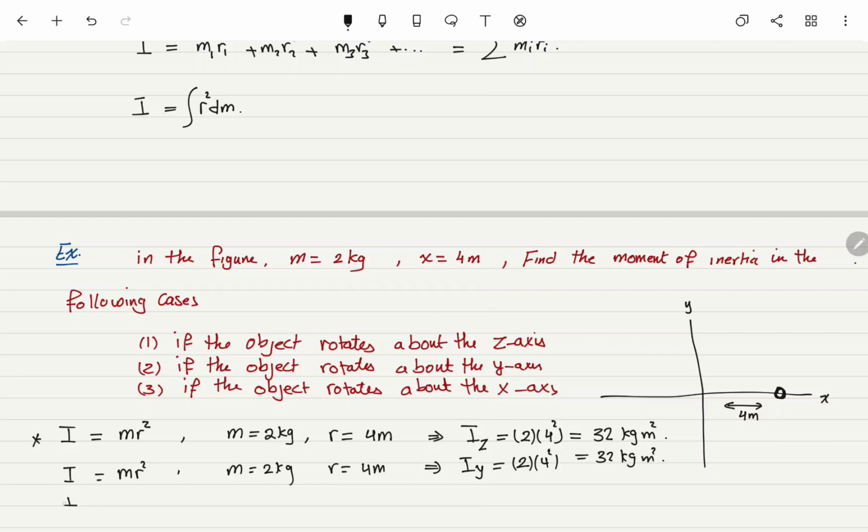And for the moment of inertia around the x-axis, we follow the same rule, m is 2 kilograms, r is equal to 0 because the distance of the object from the x-axis is equal to 0, so there is no moment of inertia about the x-axis, so Ix equals 0.